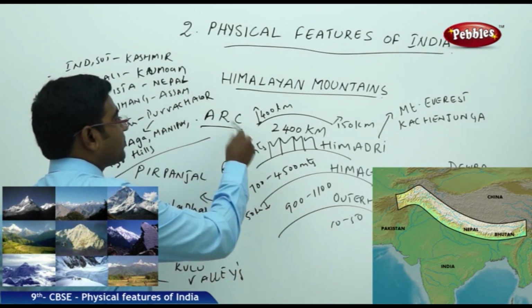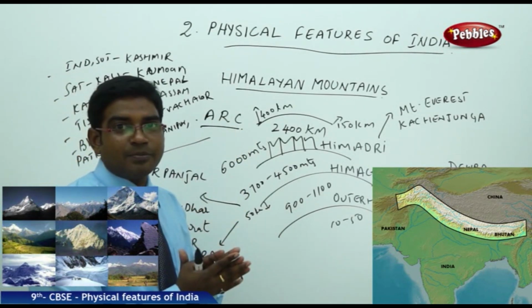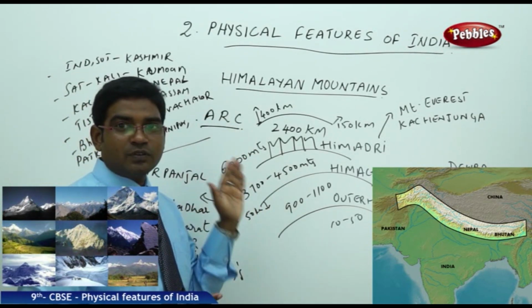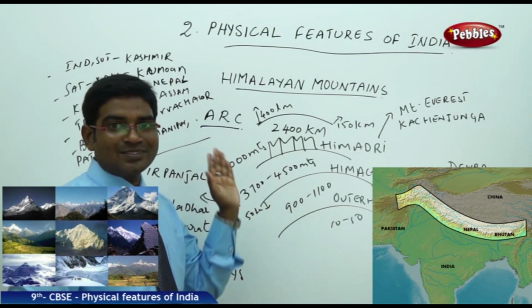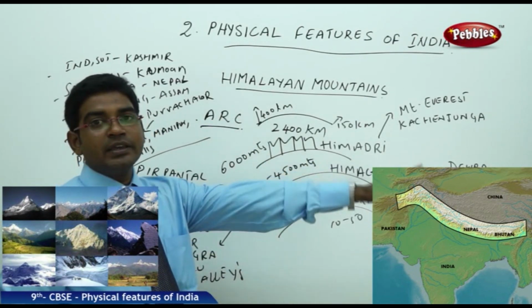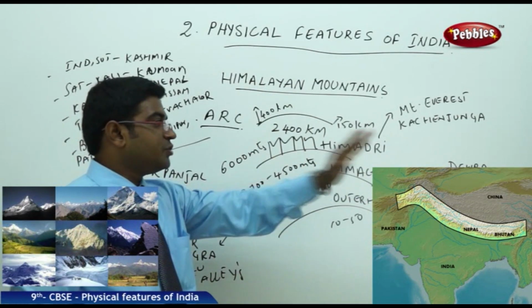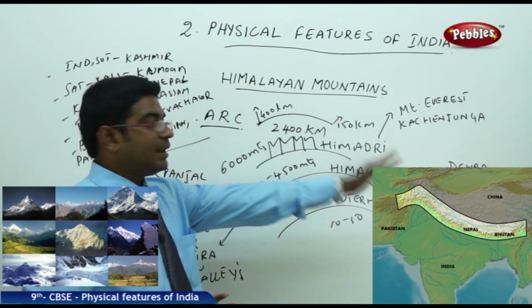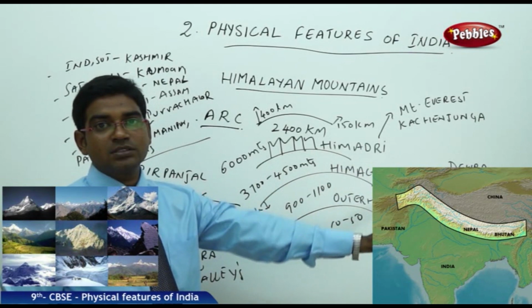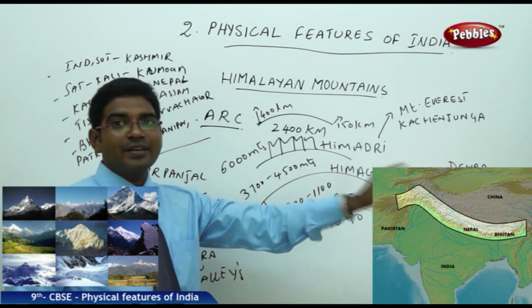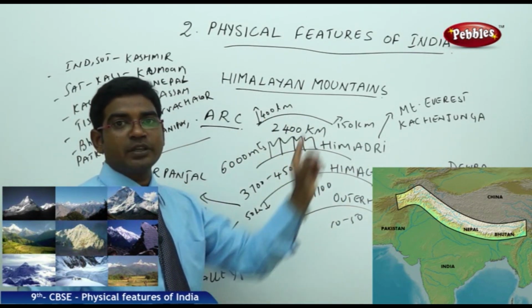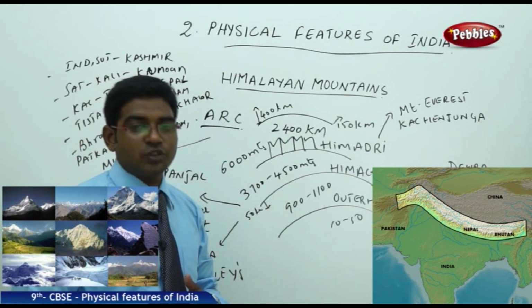The arc structure which you find on the Indian map runs from the western edge in Jammu and Kashmir towards the eastern Assam region. The entire length is 2400 kilometers from Jammu and Kashmir to the Arunachal Pradesh region.